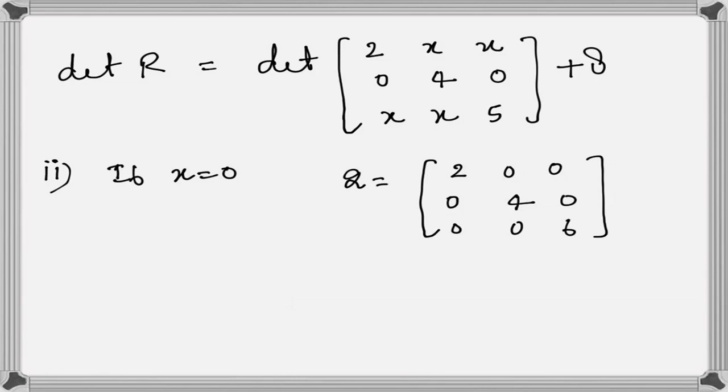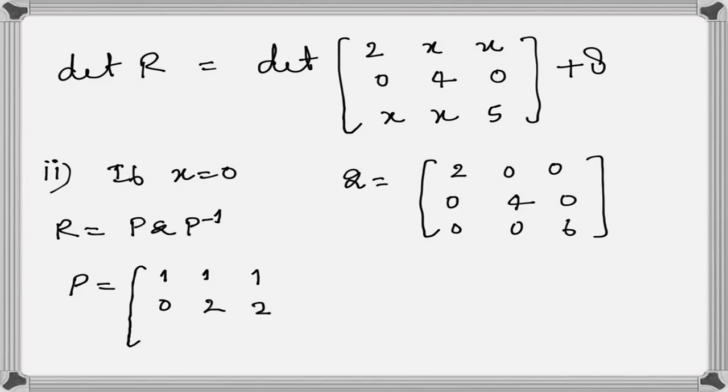Now we need to calculate R explicitly. Remember R was PQP inverse. We know P and we need to find P inverse. P is 1, 1, 1; 0, 2, 2; 0, 0, 3.